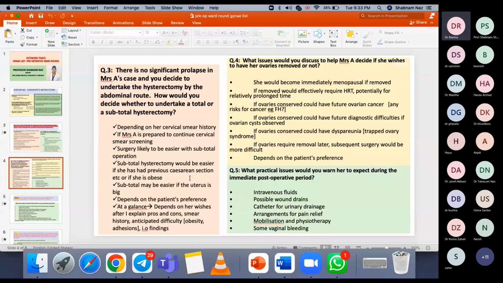If there is no such history, and on ultrasound there is no mass in the ovary and no intraoperative finding, then I will not remove it, because there are disadvantages in removing the ovary at this age. Post-operatively, she may need HRT, hormone replacement therapy. So I will discuss both the pros and cons of removing the ovaries. If there is no risk, then I will not recommend removing the ovaries.